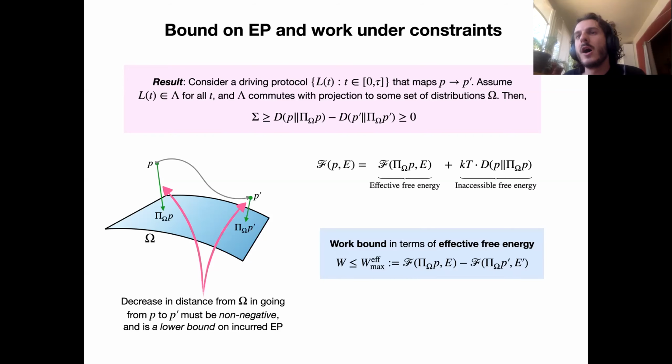And we can see by the relationship between entropy production and work that actually this drop in the effective free energy is what bounds the work we can extract from the system. So another way of saying it is we can only extract work from sort of the closest distribution in omega to P. And this Kullback-Leibler divergence, which is the inaccessible free energy, must be dissipated away, as seen in the result in the pink box.